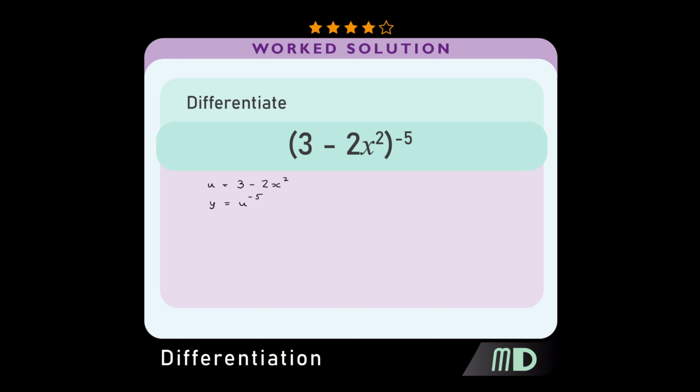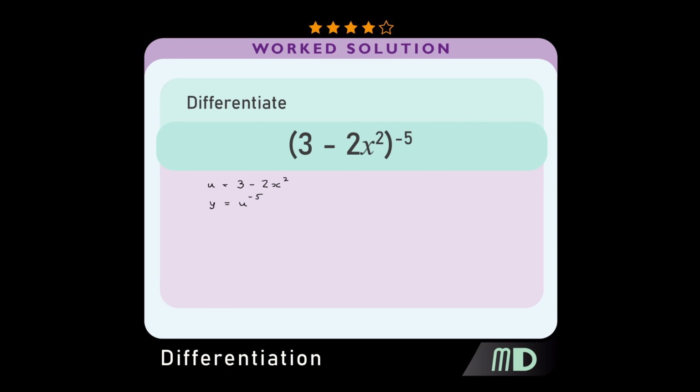The next step is to find the derivative of each using the power rule of differentiation, one term at a time. First, we need to differentiate u with respect to x, where u is equal to 3 minus 2x squared. The derivative of 3, which is a constant value, is 0.